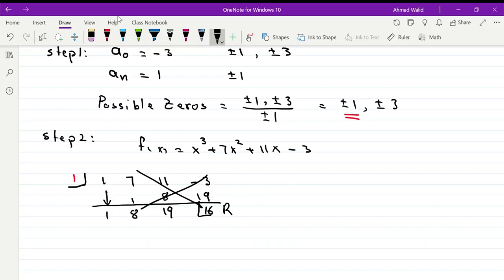Let's test -1. 1, 7, 11, -3. This time I'm using -1.